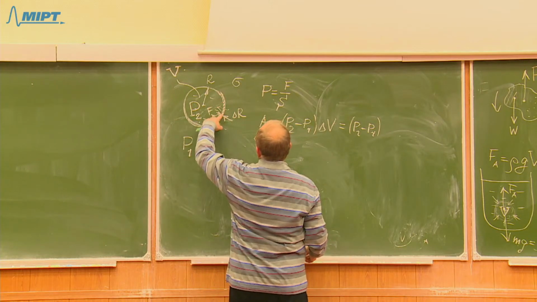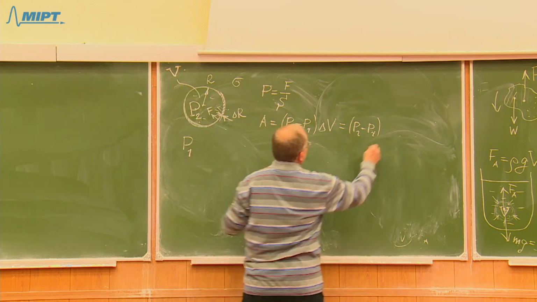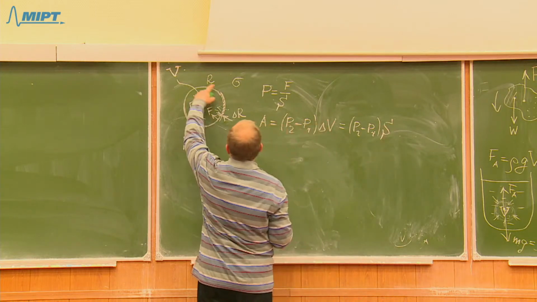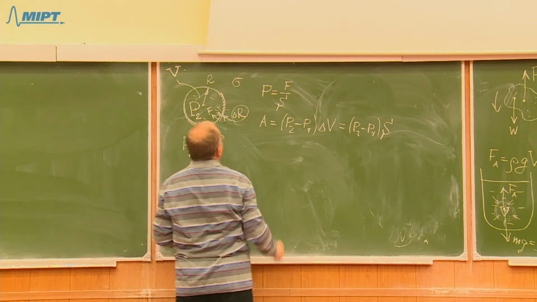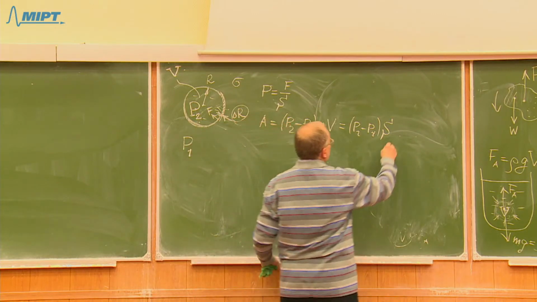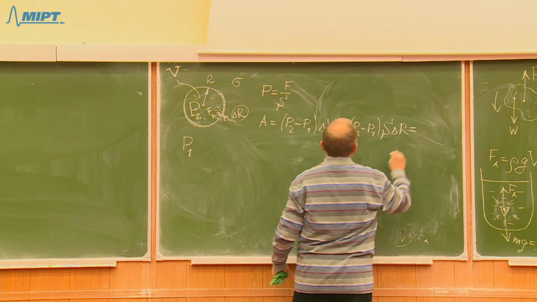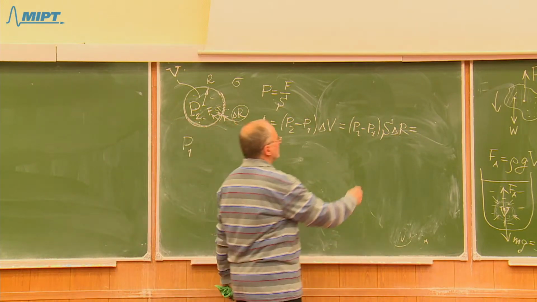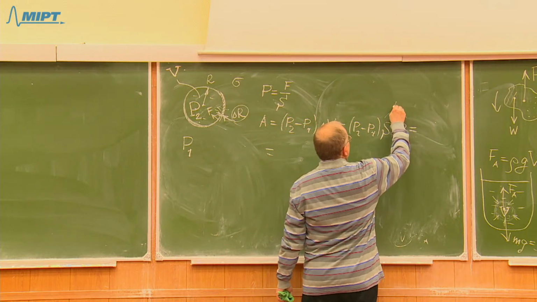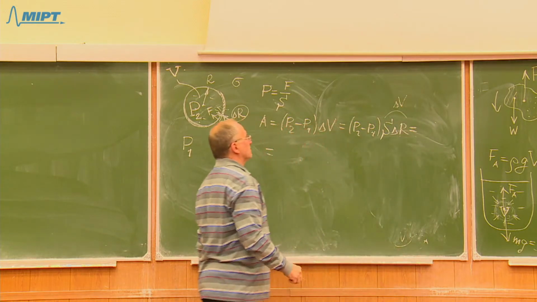And the volume of this very small layer will be the surface area S times the thickness of this layer, delta r. That will be the change in volume of the droplet.